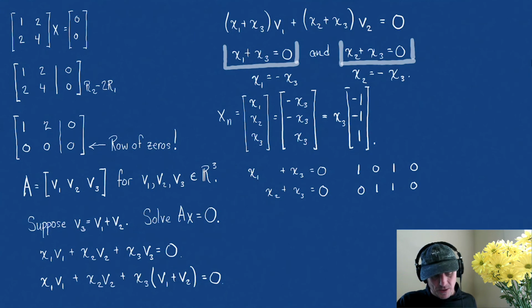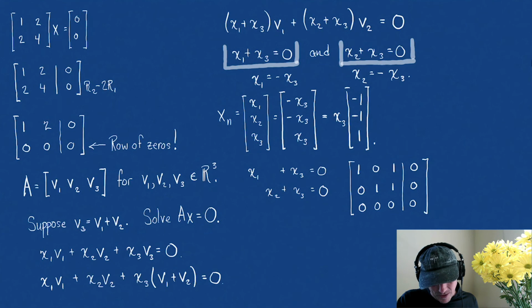But wait a minute, there's no third row. But these are in R3. That means we don't write it if it's 0. So the third row had to be a row of zeros. Well, what is this? This is the augmented matrix, the matrix with rows 1, 0, 1; 0, 1, 1; 0, 0, 0, times our vector x equals the 0 vector.